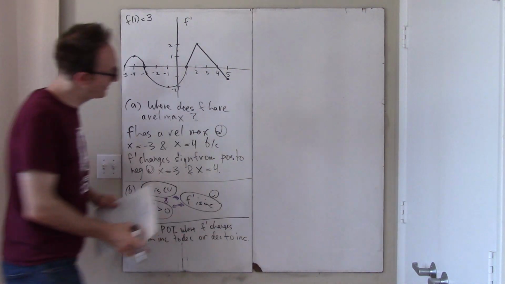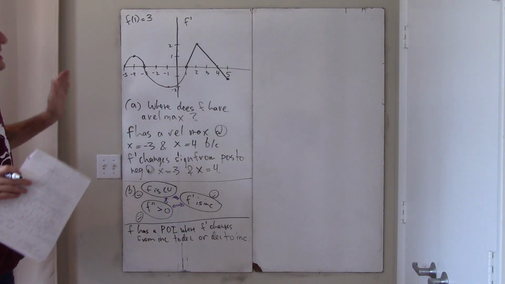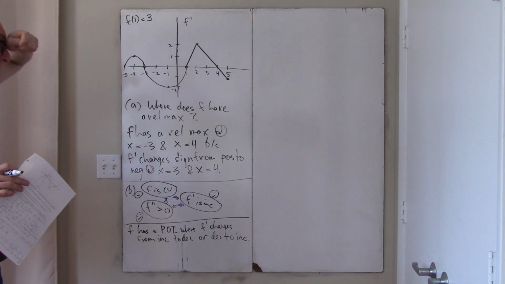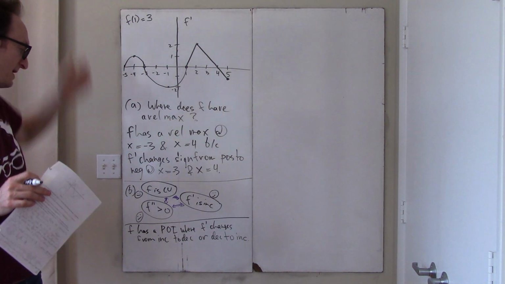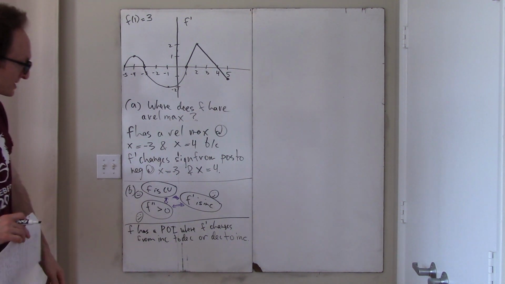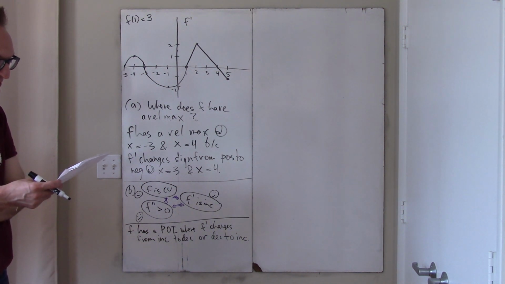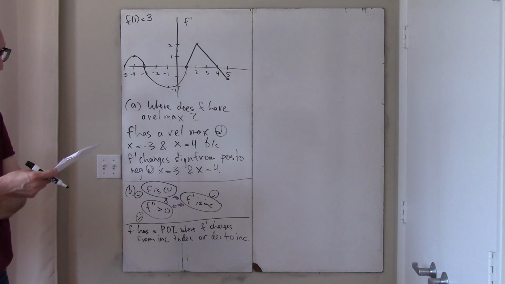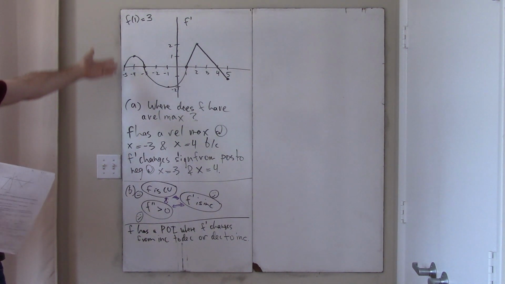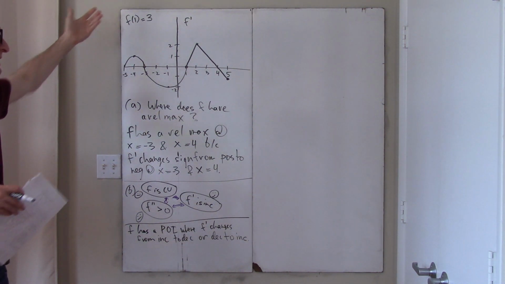When the first derivative stops increasing and starts decreasing, or the other way around, that's when there is a point of inflection. Okay, so where does that happen? Well, just by looking at the graph, we can see.